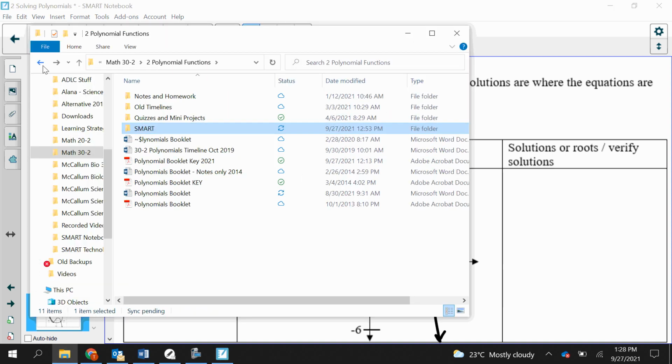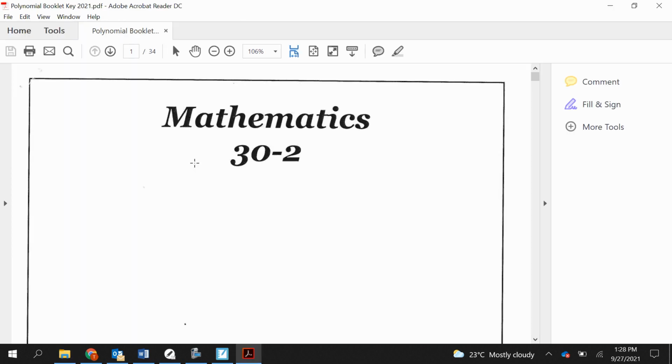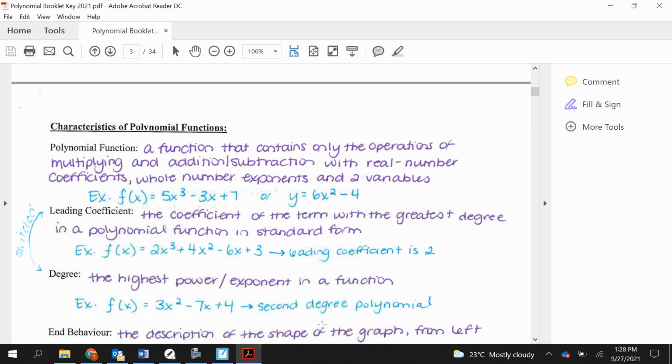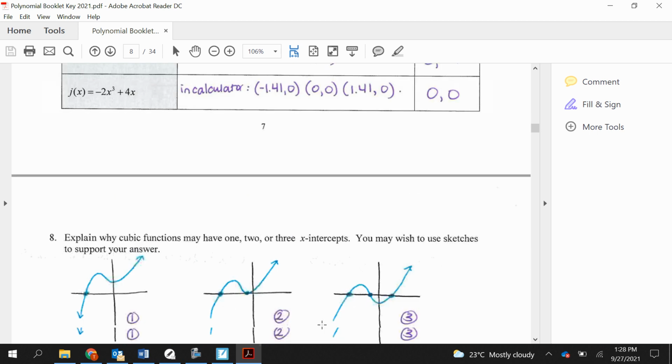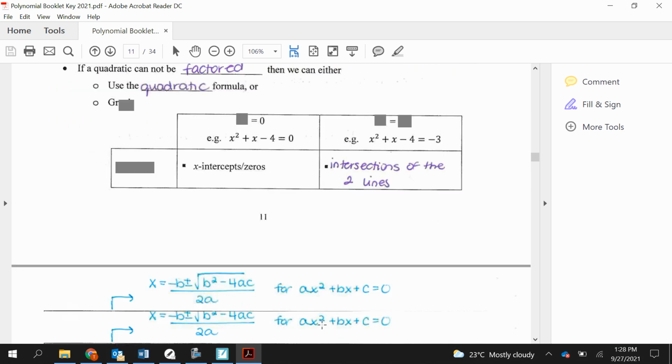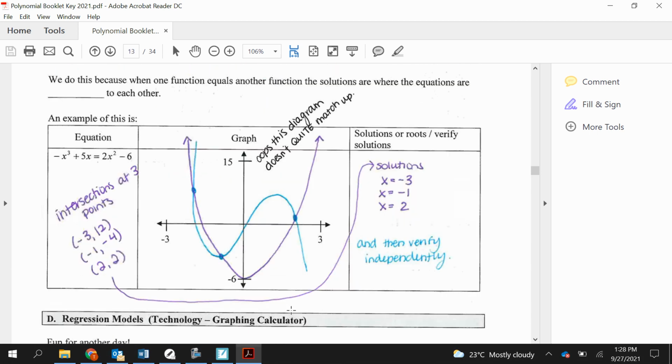I did a little bit better on my key, but I actually wrote myself a note that says, oops, I messed it up and it doesn't quite match up. So even when I tried hard to graph it, it didn't quite match up properly, but we have our 3 points of intersection.